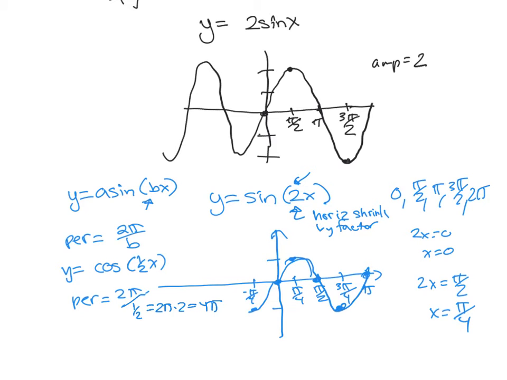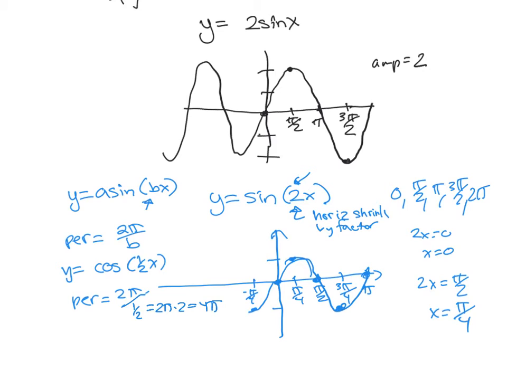So this is really no different than when we did transformations in the first semester. And then when I think about, okay, based on that new period, what points am I plotting? Well, you always divide the period by 4 to get your first bit of crucial points, as long as there hasn't been a horizontal shift.